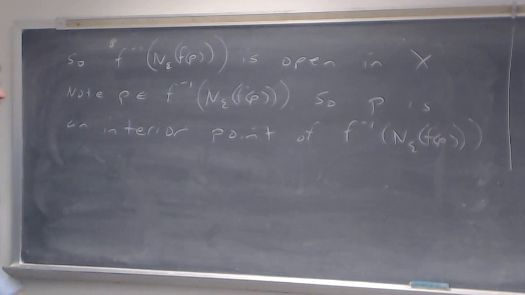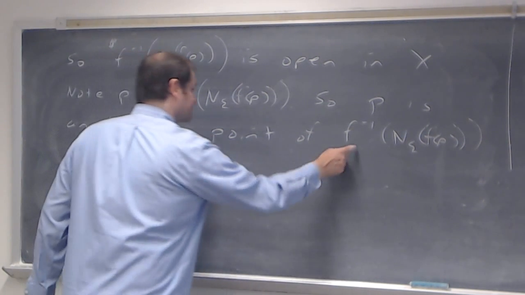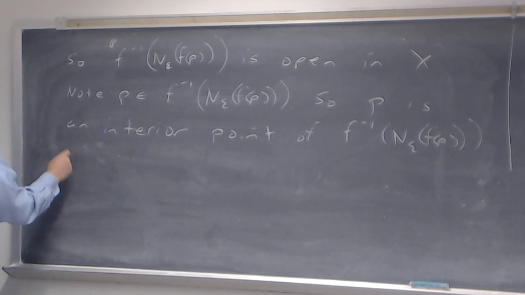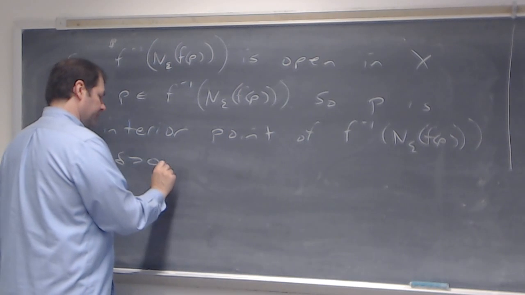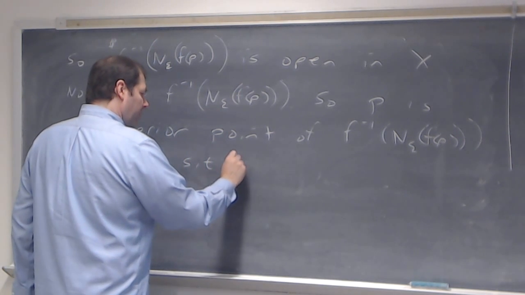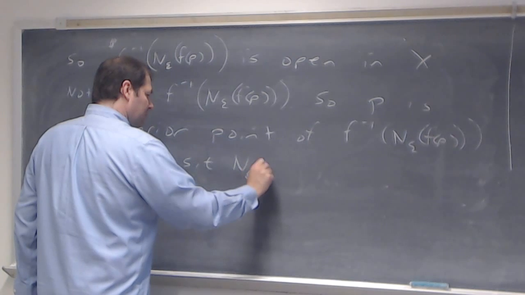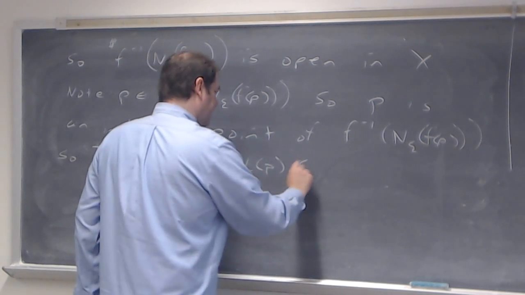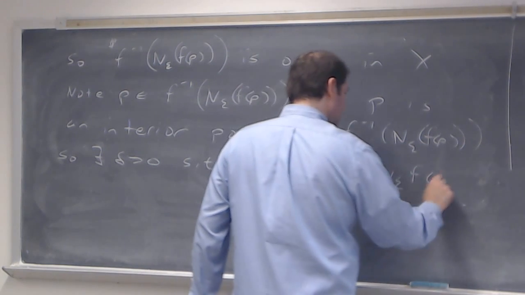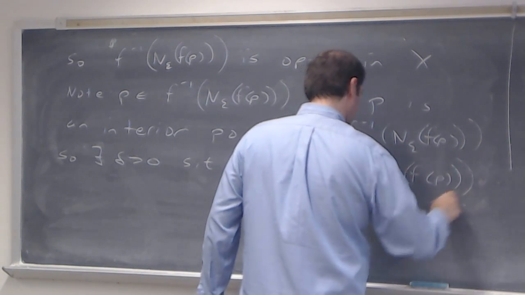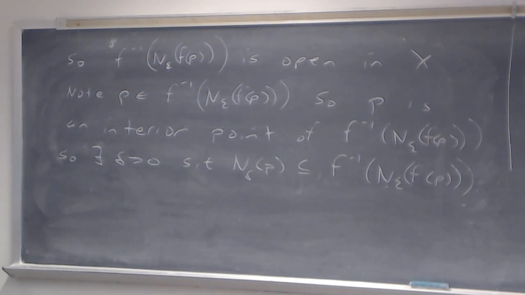Well, what does it mean to be an interior point of the set? That means that there's some neighborhood of p that is totally contained in this set. So there exists a delta bigger than 0, that's going to be the radius of our neighborhood, such that the neighborhood of radius delta about p will be contained in f inverse of this neighborhood of f of p.